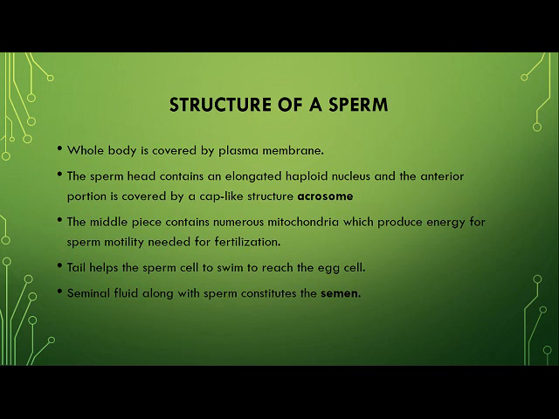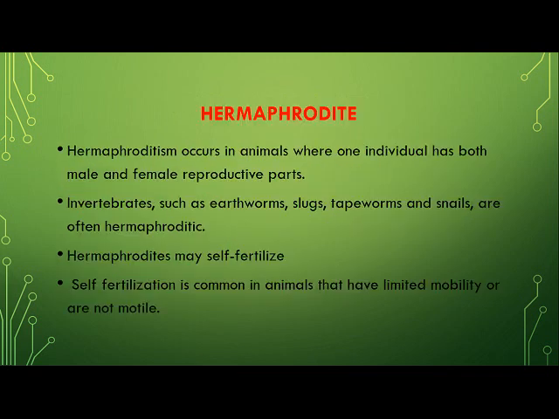Now let me take one very small topic for today. I think I missed this in my previous topic: hermaphrodite. If I say it in very simple words, children, you can say bisexual living organism, meaning those living organisms in which both sexes are present in the same individual.